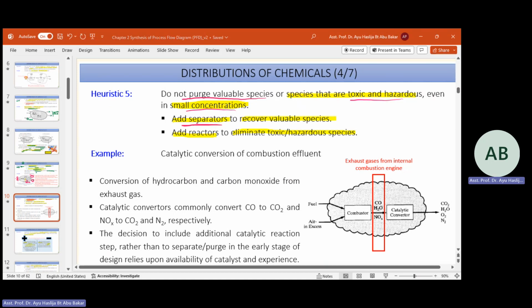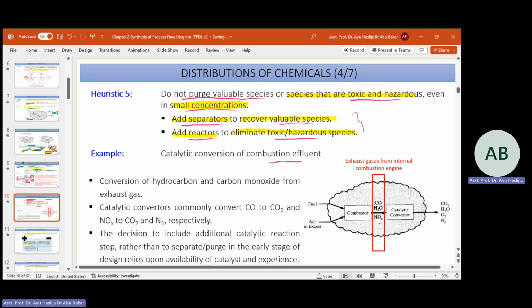So you need to add separators to recover the valuable species or add reactors to eliminate the toxic and hazardous species. This is not limited to these options only. Okay, you can have other options if you think they can solve your issue. For example, here it gives a catalytic conversion of combustion effluent. Exhaust gas from an internal combustion engine. Okay, you have CO, H2O, and NOx.